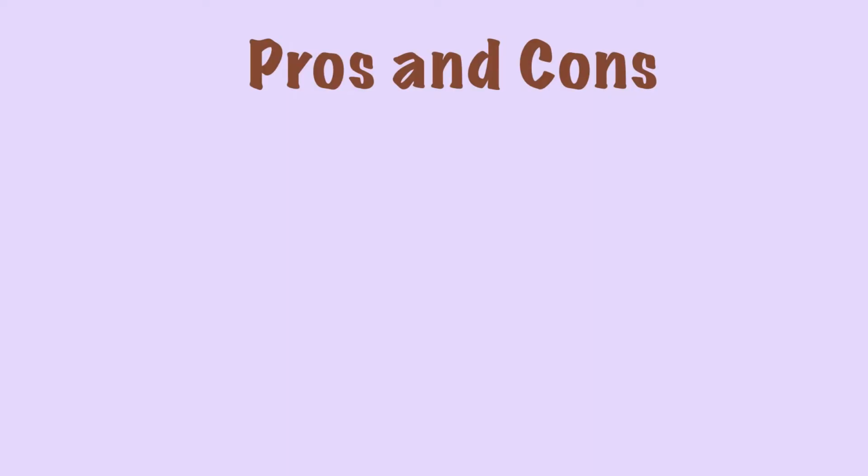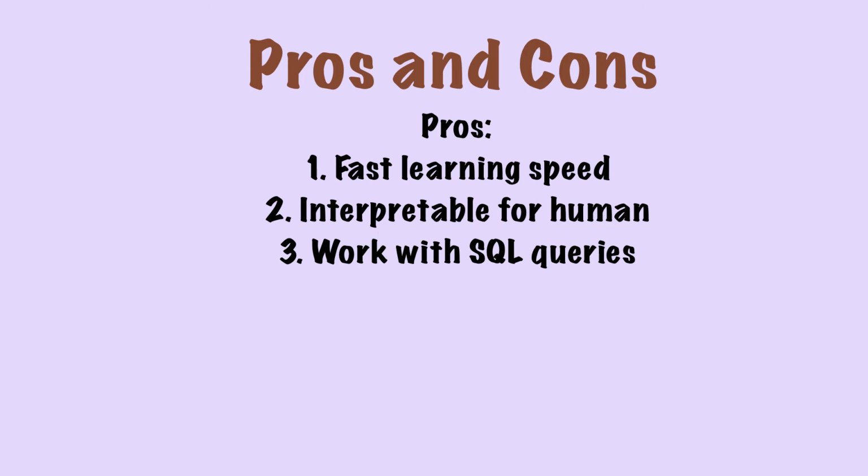The next part of our discussion is the pros and cons of decision tree. Decision tree has several advantages, so it's a popular algorithm. For example, it has fast learning speed, and it's interpretable for humans because you just follow the path from the root to the leaf. Further, it works with SQL queries.